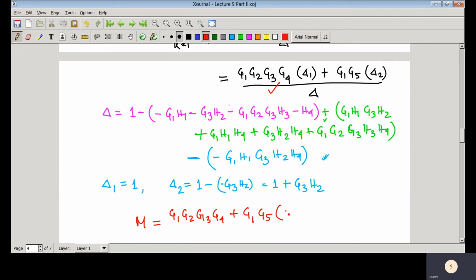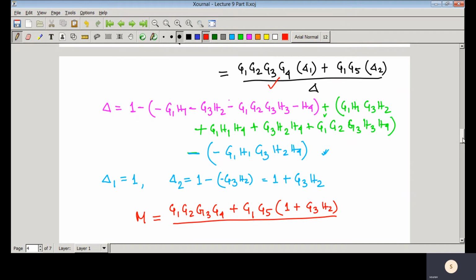Delta 2 we get as 1 plus G3 H2, that is in the numerator, and in the denominator you have the delta. So what is the delta you get?